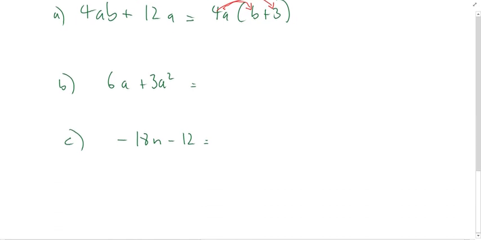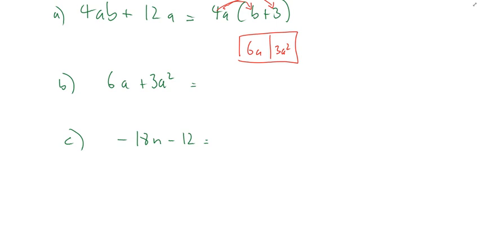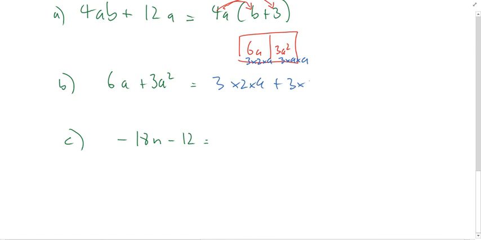Okay, this one, another box. 6a, 3a squared. Now 6a is the same as, it's got a 3 in it, hasn't it? 3 times 2 times a. And this one is 3 times a times a. Let's do it like this. 3 times 2 times a plus 3 times a times a. Okay, what's in both of those? 3 is in both, and a is in both.